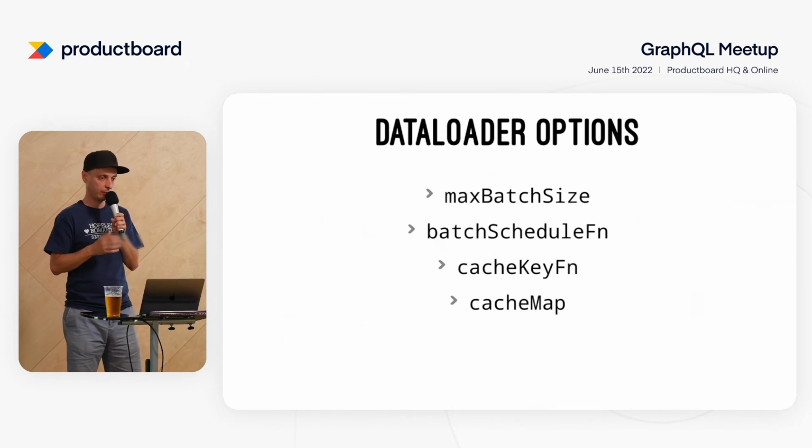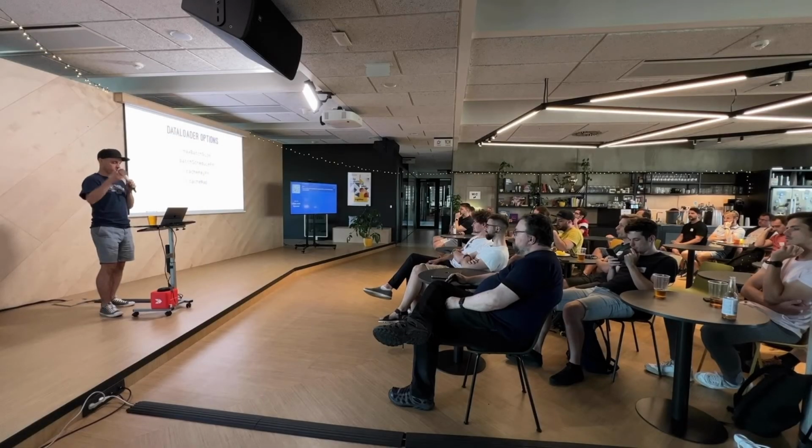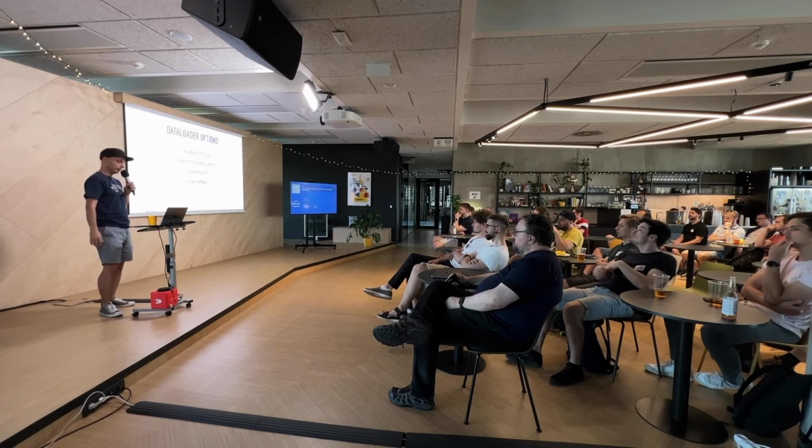But if you need something more complex, you can provide an object with the same API that the map has, which is set, get, has, delete, and it could provide much more complex functionality if you need that.